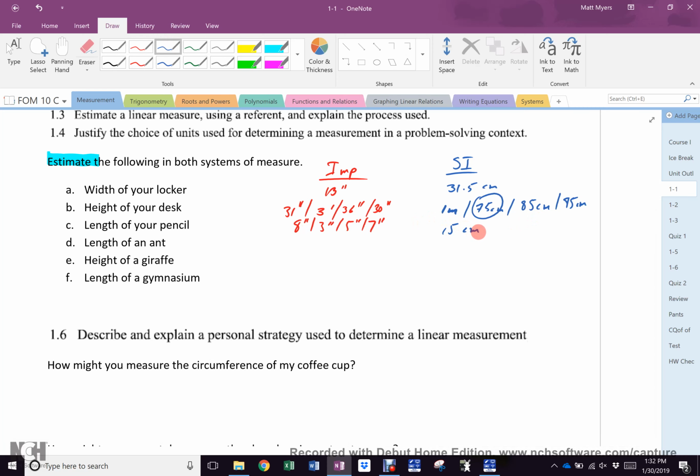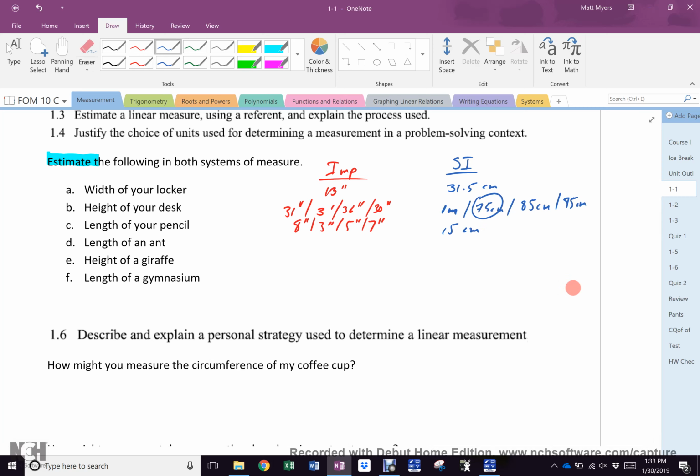Now, this is where we have some fun, because we all have different ideas of how long an ant is. My ant is 5'8". Although some of you don't say ant, some of you say aunt. My aunt.